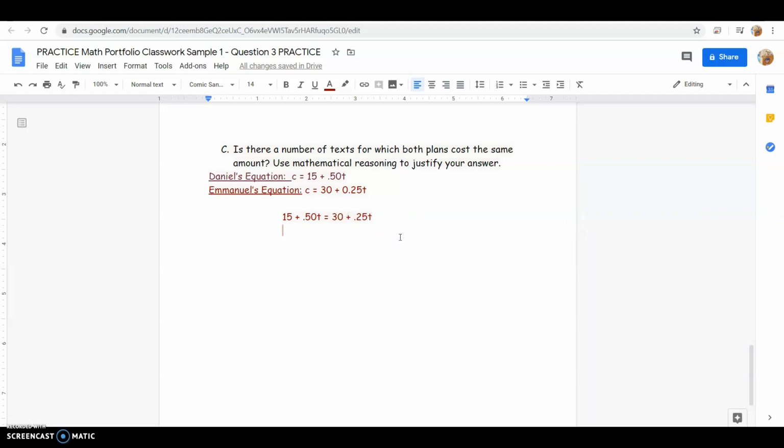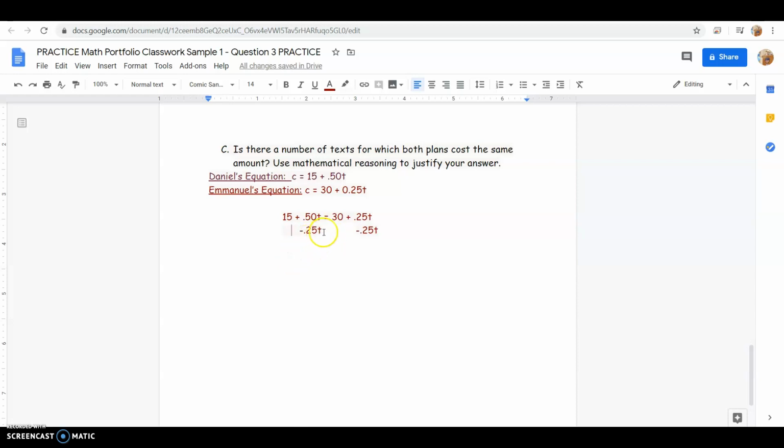The way we get rid of a number or a variable on either side of an equal sign is to do the inverse operation, meaning opposite. If this is plus 0.25t, I know underneath I'm going to have to write minus 0.25t. And then over here, same thing. Minus 0.25t. So this is what you should have on both sides of this equal sign.